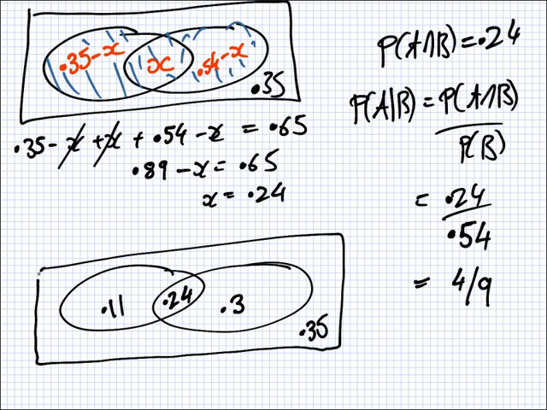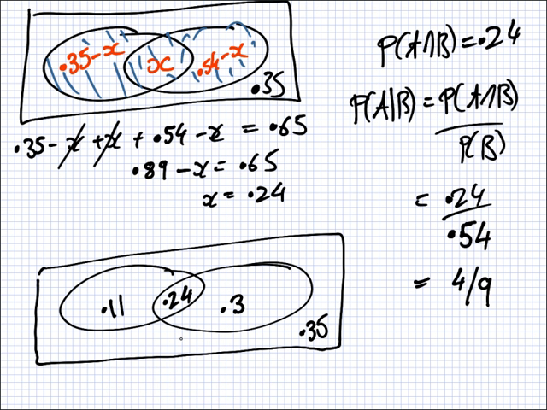Okay, that's very similar to what we were doing in class, right? For the first one, I used the probability of A plus probability of B minus B. There's a formula which you can use.